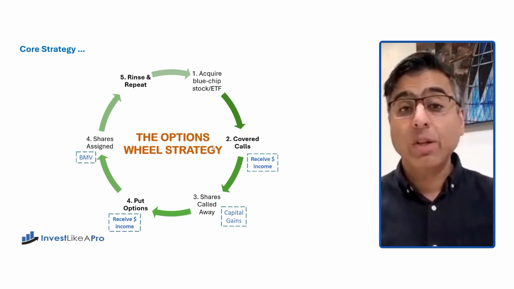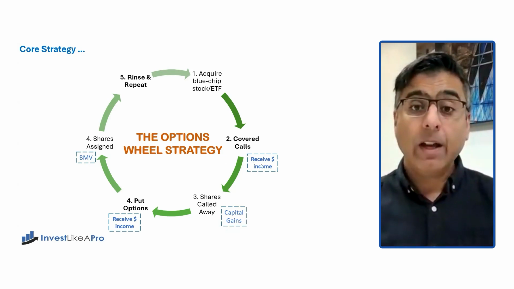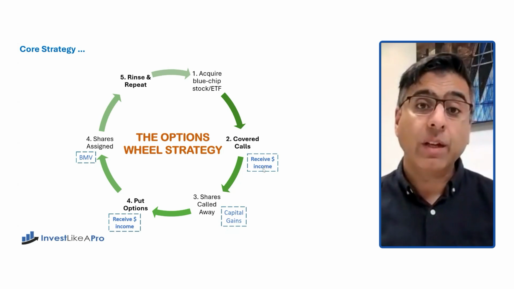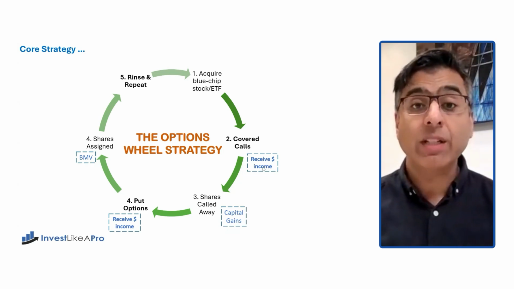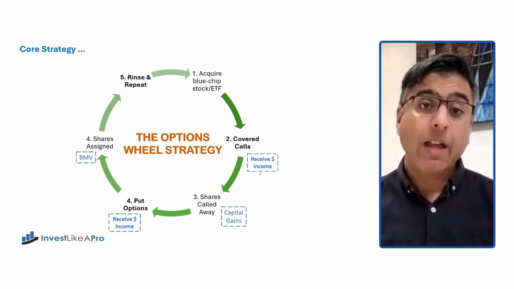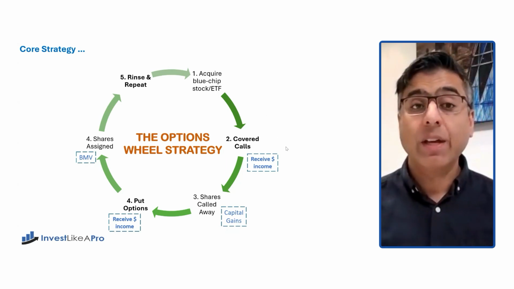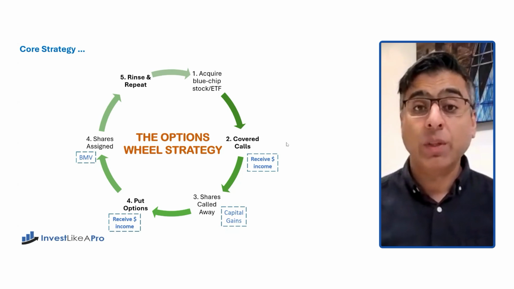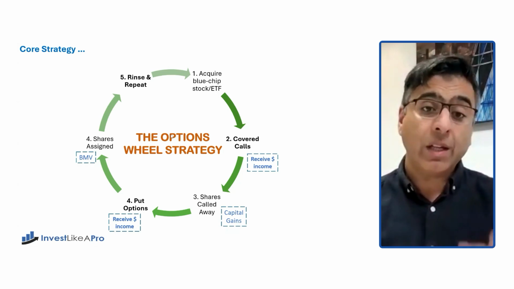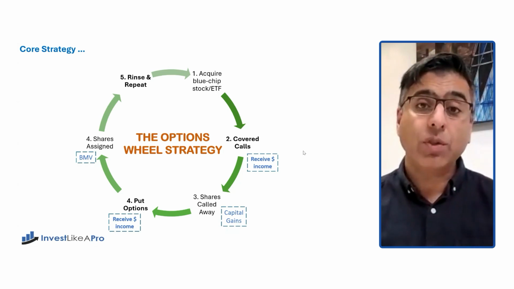You earn income continuously throughout this wheel at enhanced levels of income and with built-in risk management by using delta and using other sort of hedges as part of credit spreads, for example. So very effective and powerful strategy with the different bolt-ons that you would add on to your regular vanilla options wheel strategy.